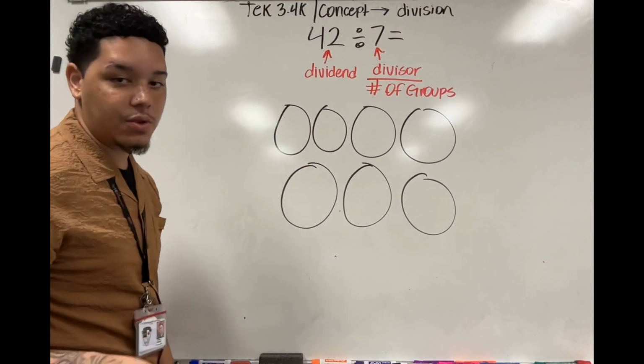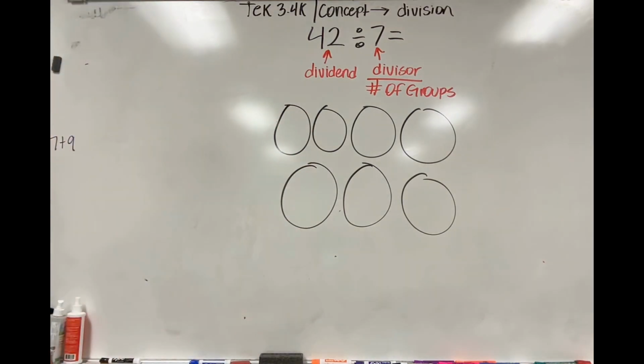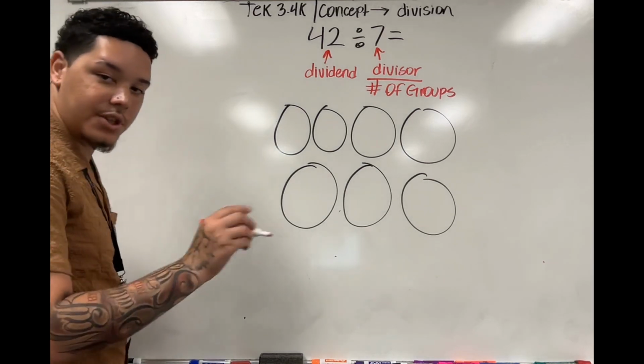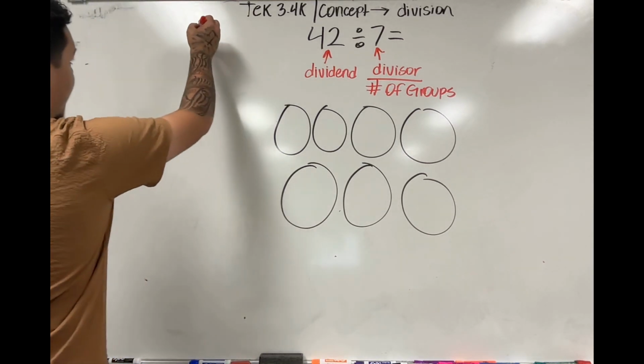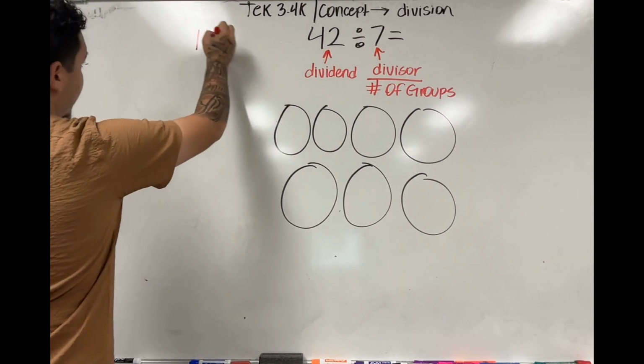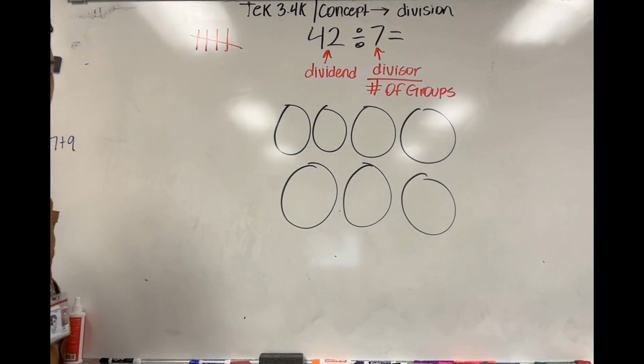I can use dots or I can simply use tallies. Just a reminder, if you're using tallies, you count 1, 2, 3, 4, 5, so that makes 5 just like that.